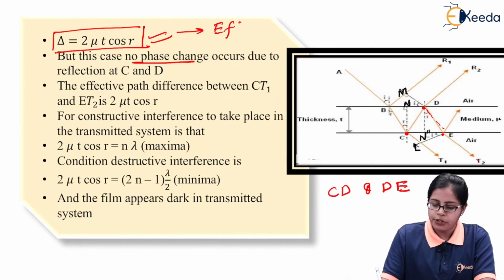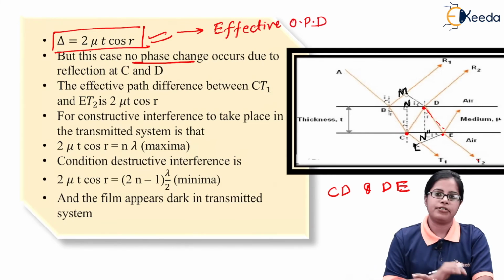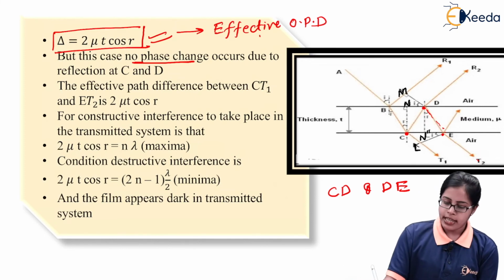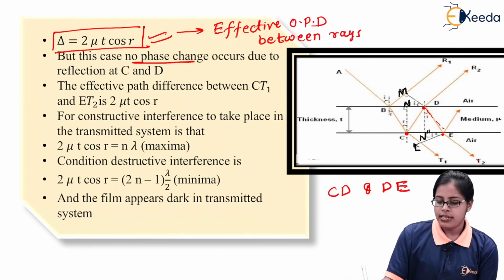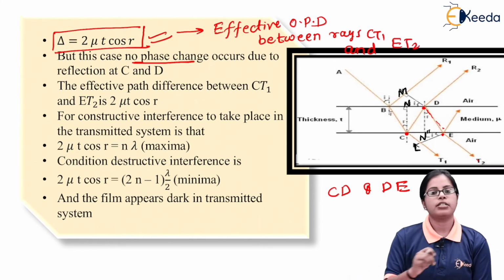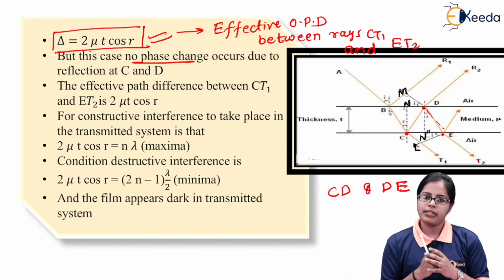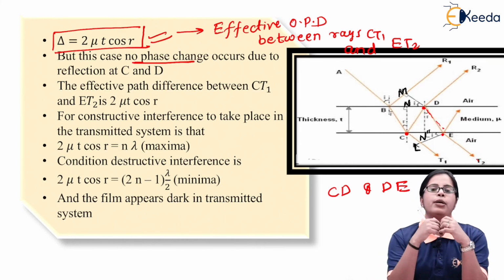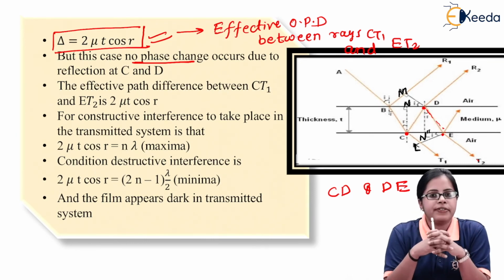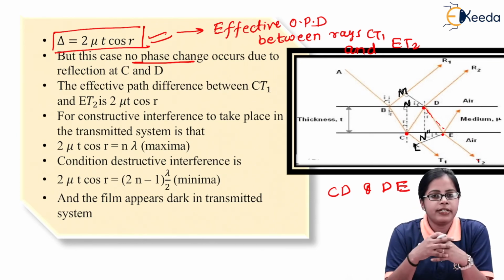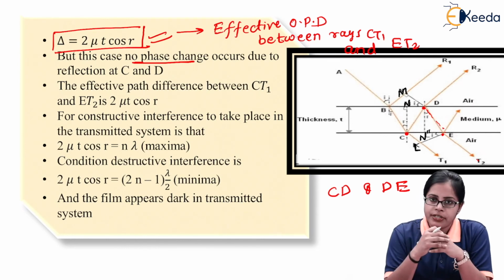So this gives me the equation of effective optical path difference between the rays CT1 and ET2, that is, both the transmitted rays. So this is the effective path difference. Now using this effective path difference, we need to check which type of interference is going to occur, whether it is constructive interference or destructive interference.